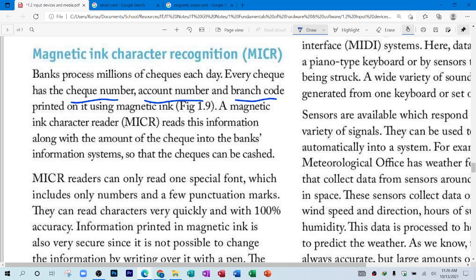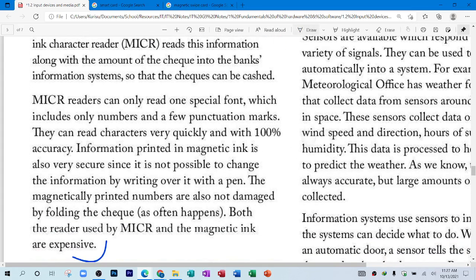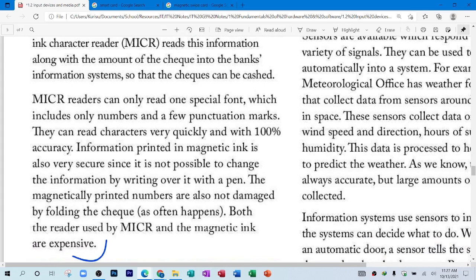MICR readers can only read one special font, which includes only numbers and a few punctuation marks. They can read characters very quickly and with 100% accuracy. Information printed in magnetic ink is also very secure since it is not possible to change the information by writing over it with a pen. The magnetically printed numbers are also not damaged by folding the check. This often happens. Both the readers using the MICR and the magnetic ink are expensive.